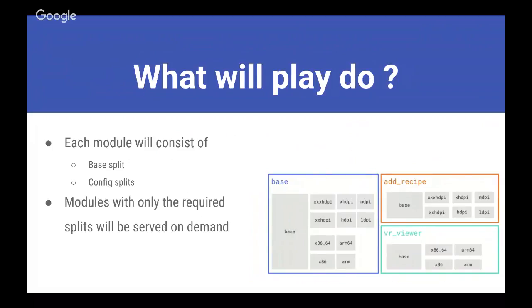If he chooses to use the VR viewer module, that is when that module will get served down, and the user will be able to continue using that functionality. Now, if you see, only the base module initially comes, which means a smaller portion of the app comes in, which everybody uses. And depending on who wants to use which feature, those features get added dynamically onto that device.